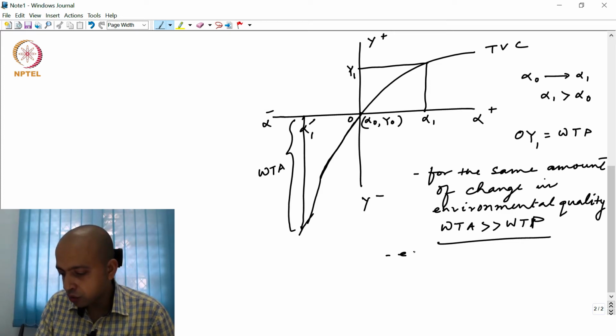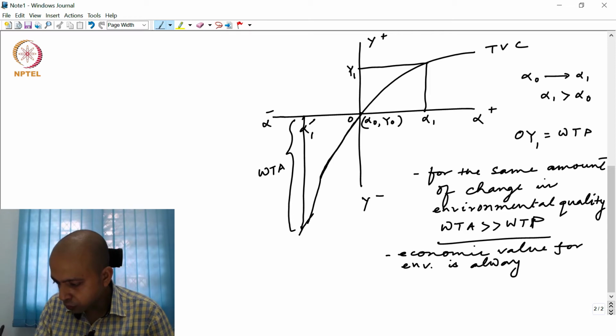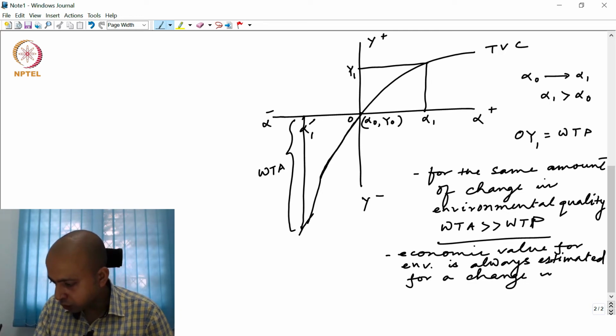Economic value for environment is always estimated for a change in environmental quality.